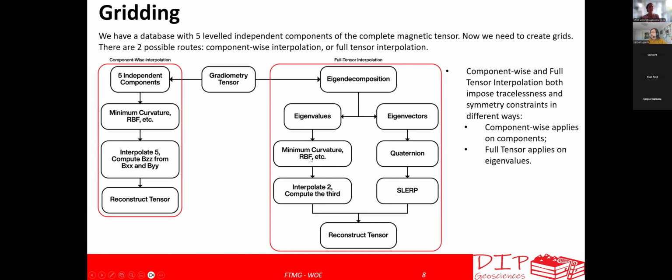The eigenvalues, you interpolate with any interpolator like minimum curvature, RBF, etc. The eigenvectors, you convert into quaternions, and then you can use that SLERP algorithm that Andrew was discussing before. And using those 2, you can get back to the tensor. The thing is, if you don't have Intrepid, what do you do about it, right?